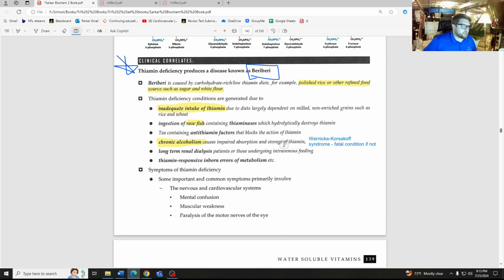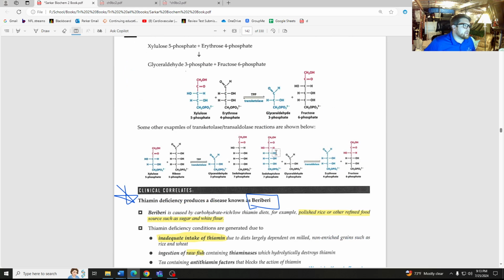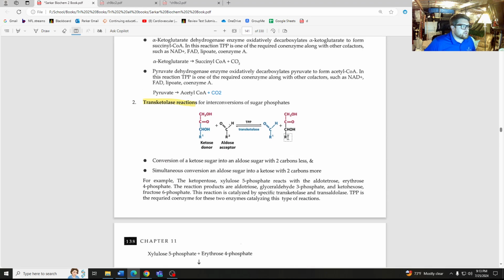Especially people who are in recovery from alcoholism will often present with something like Wernicke-Korsakoff, and it can be a very serious condition, essentially because your body is unable to do some of these general processes.